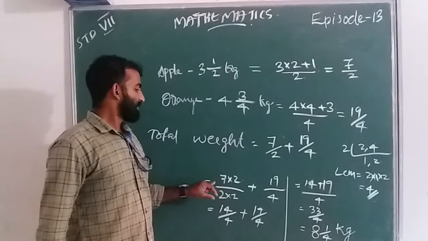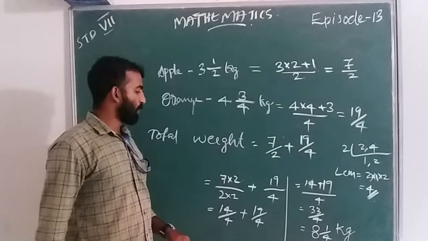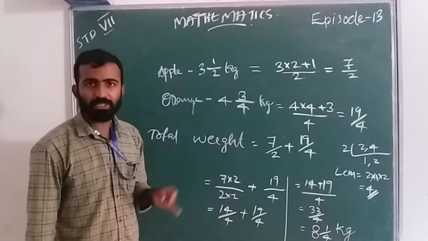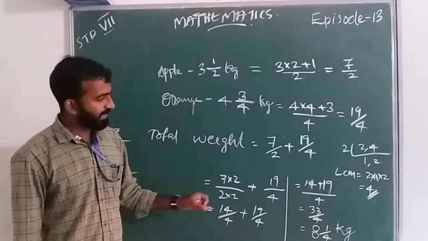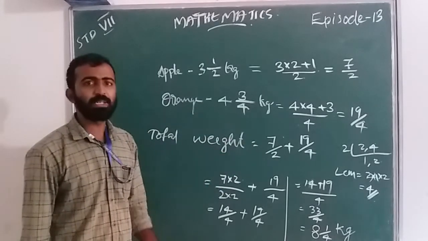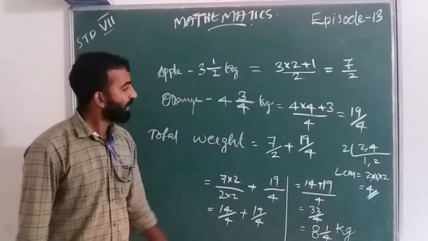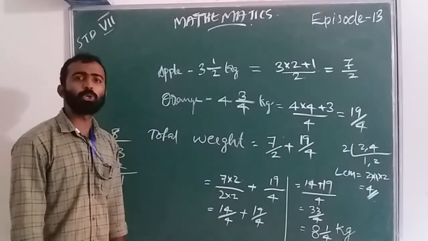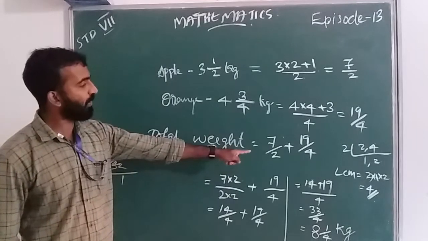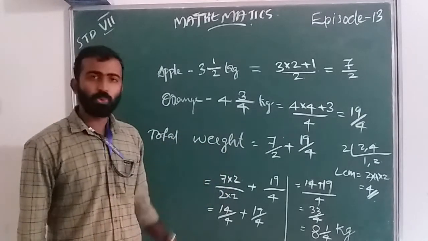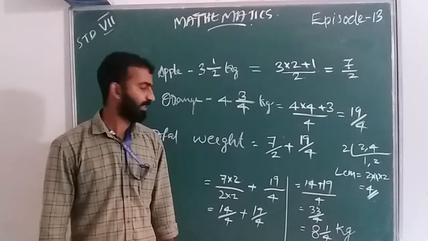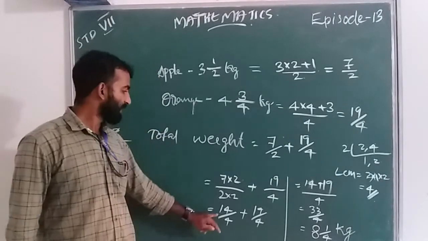That is equal to 7 into 2 by 2. Why do I take this? The reason is the LCM is 4, so we want to convert the denominator to the LCM. Here 2 into 2 is 4, and 7 into 2, plus there is no change because 19 by 4 is the same as the LCM.